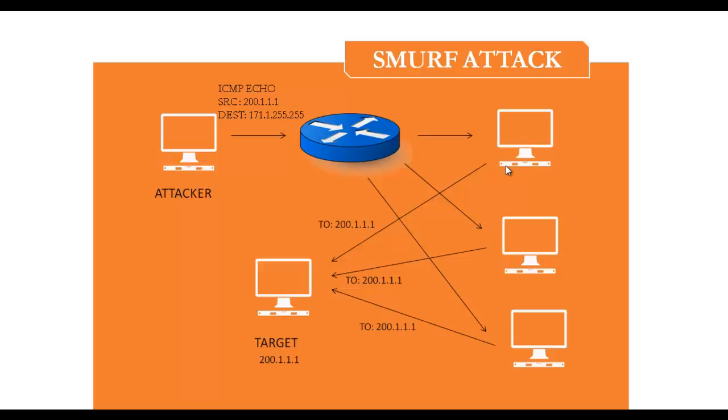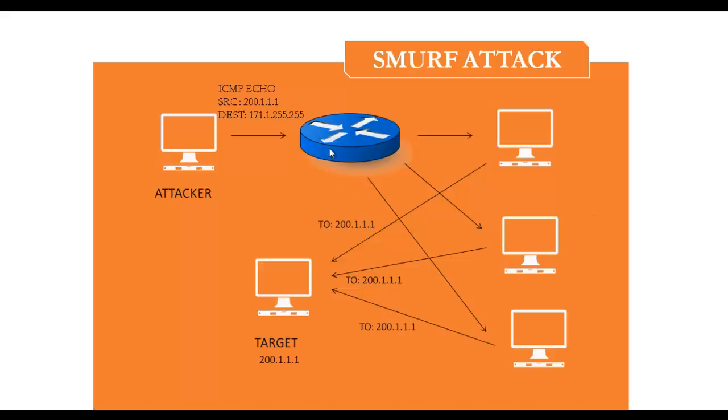Thus an attacker is able to amplify the attack by a multiple of however many devices are behind the router. In our case, we have 3 devices behind the router, so the attacker is able to amplify the attack by 3 times.